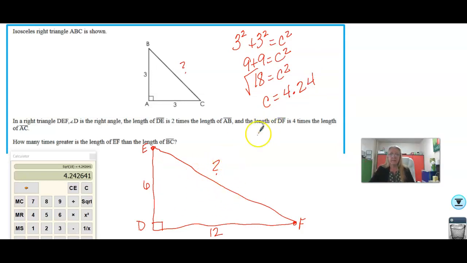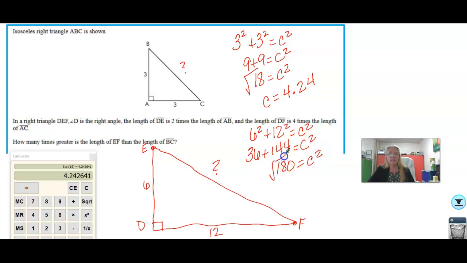What about down here? Well, here we're going to have 6 squared plus 12 squared equals c squared. This would be 36 plus 144 equals c squared. And 36 plus 144 is equal to 180, which equals c squared.